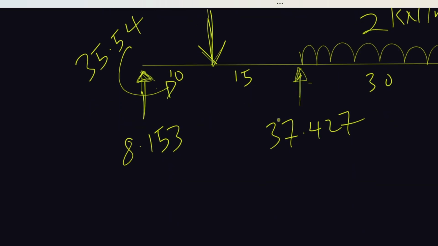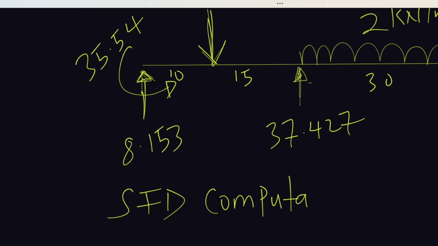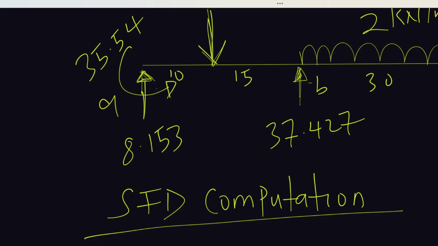So, of course, shear force computation. Let's have the computation. So, of course, if this is A, if this is B, and this is C, then FE would be plus 8.153 kilonewton.